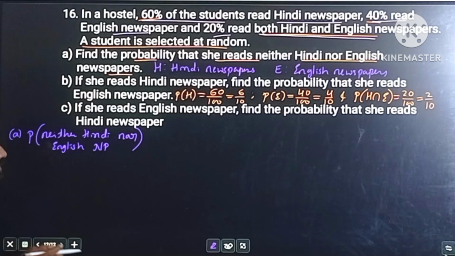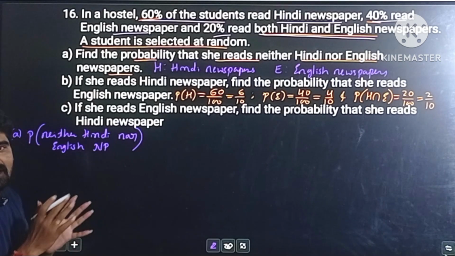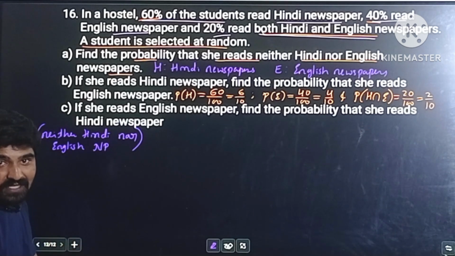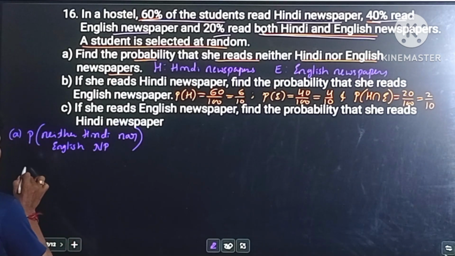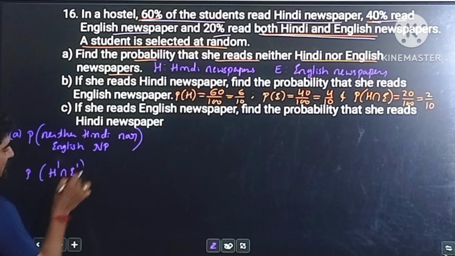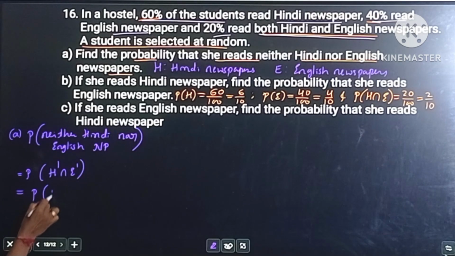So as you know, neither Hindi nor English in the sense not Hindi, not English papers. The students who don't read Hindi and English papers. So therefore it can be mathematically represented as H dash intersection E dash, which is equal to, by De Morgan's law, probability of (H union E) whole dash.